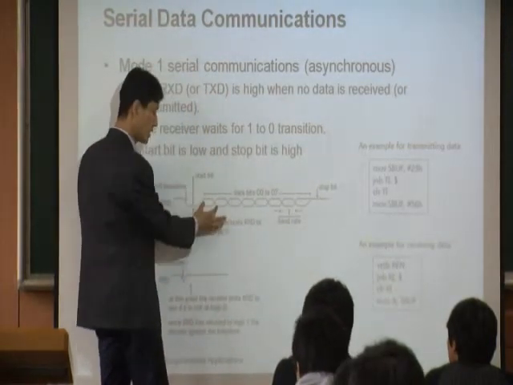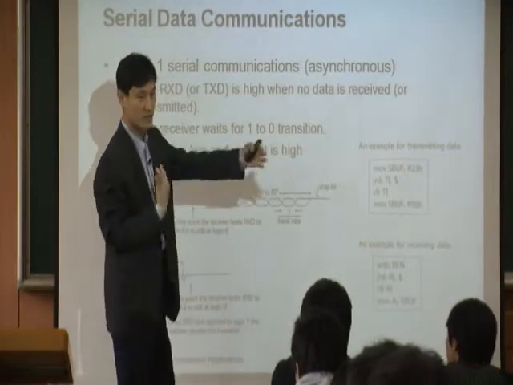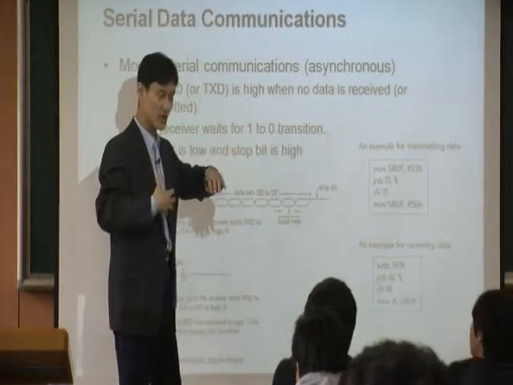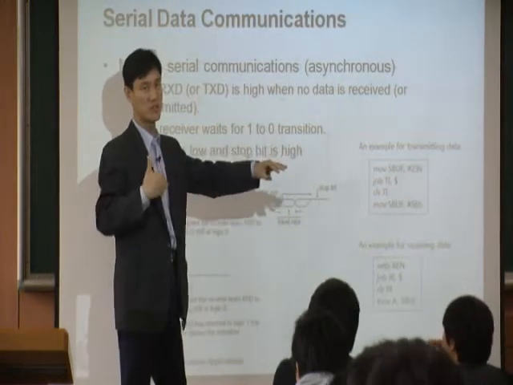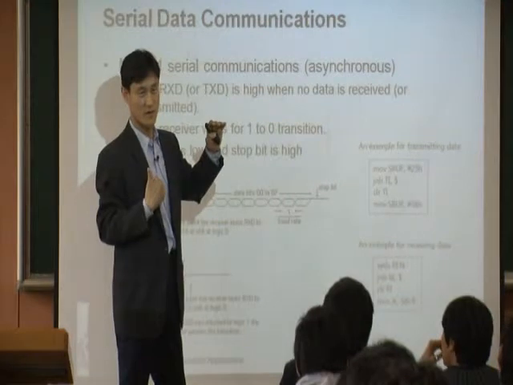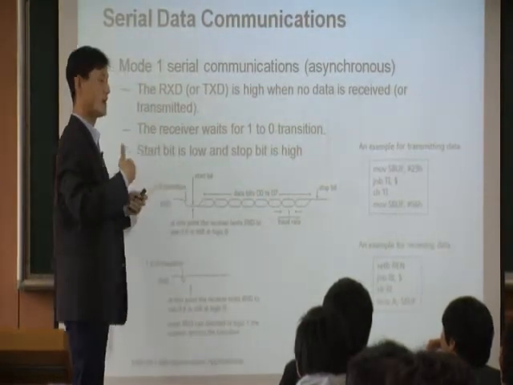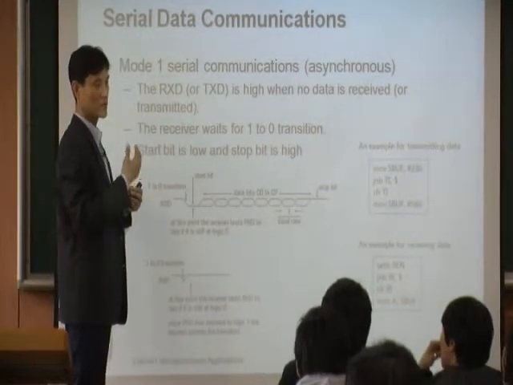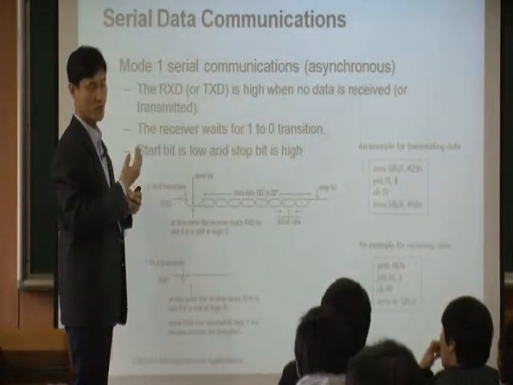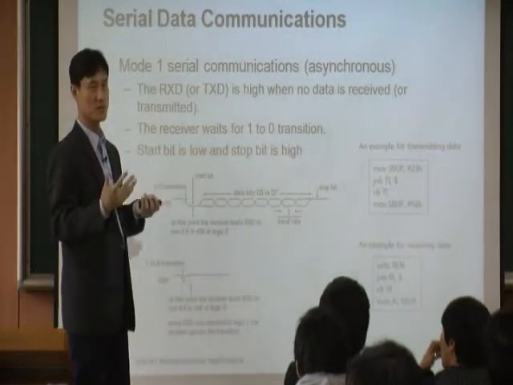Then how do you know how long the bit duration is? We already had the agreement. The transmitter side and receiver side already agreed about the baud rate, as I said earlier, like 2400 bps, or maybe 1000 bps, something like this.